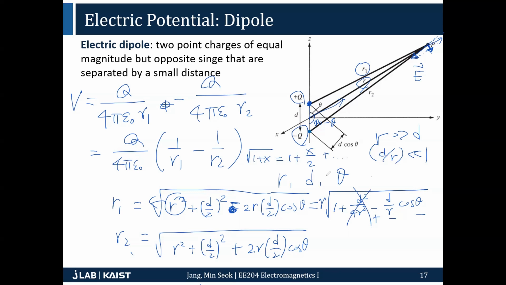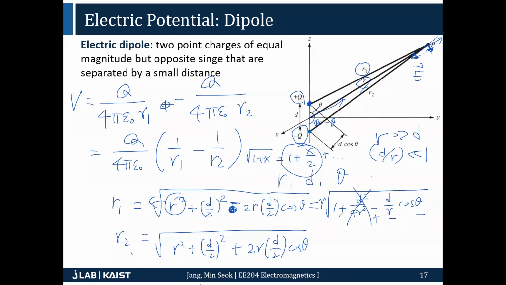Does everyone know about the Taylor expansion? Please raise your hand if you know about the Taylor expansion. Okay, good, thank you. I was just worried you were not familiar with the Taylor expansion. So if you do the Taylor expansion and keep the first order term, it becomes like this, right?